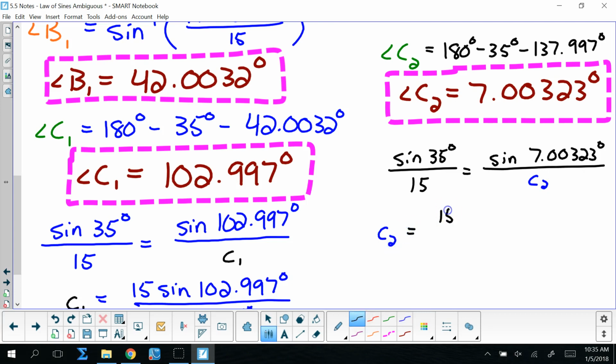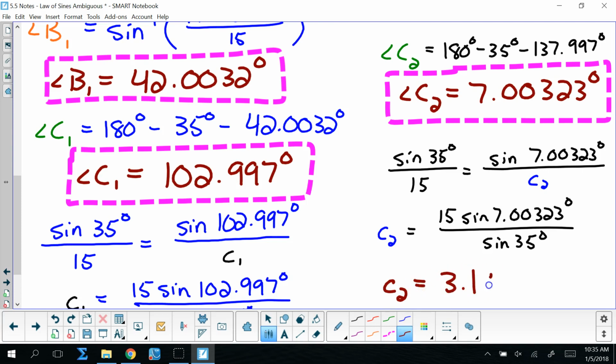So C sub 2 equals 15 times the sine of 7.00323 divided by the sine of 35. Side C sub 2, I get to be 3.18855.